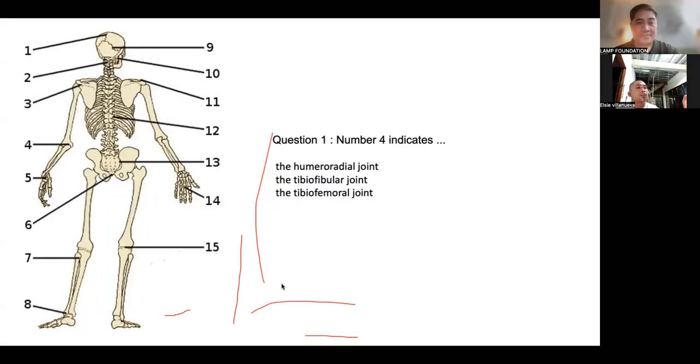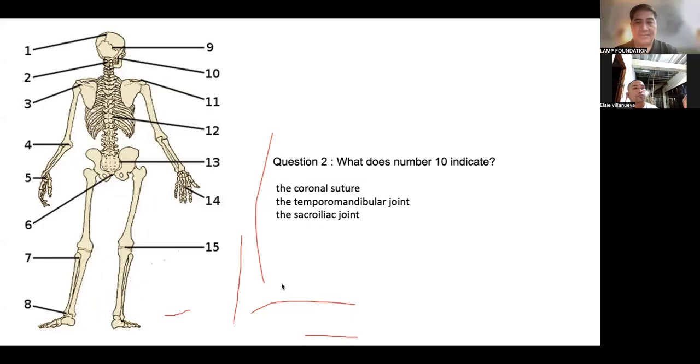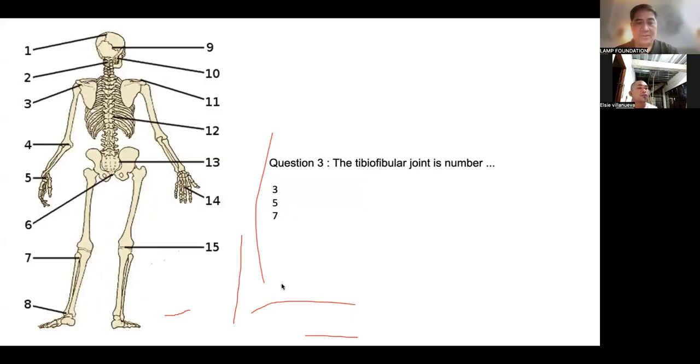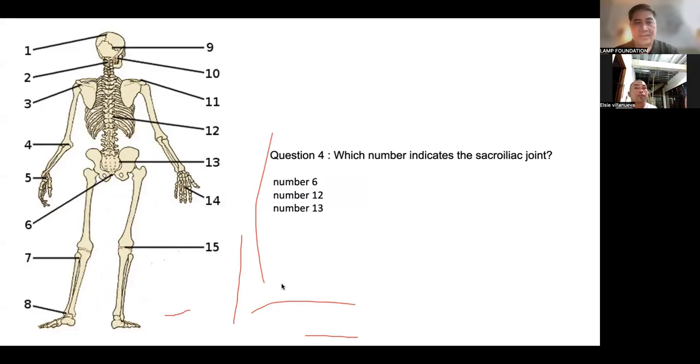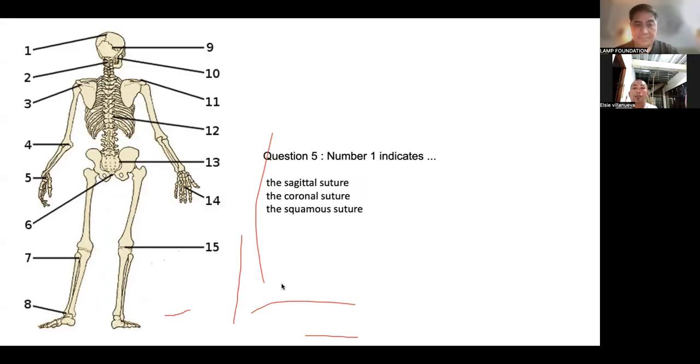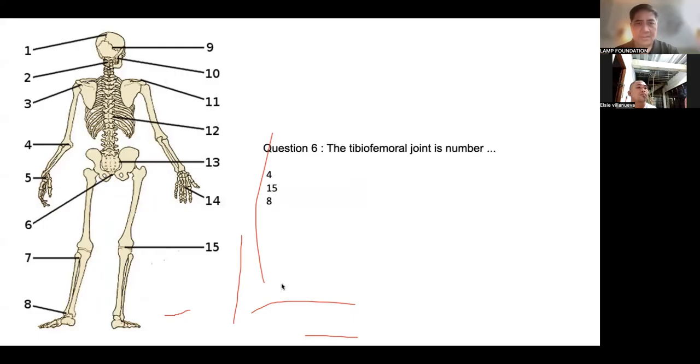The humeroradial joint. Number 10, the temporomandibular joint. Tibiofibular joint. Number 7, sacroiliac joint. Number 13. Number 1, the sagittal suture.